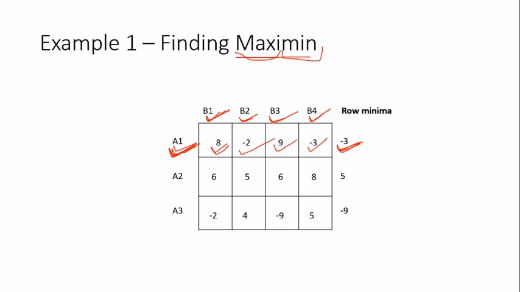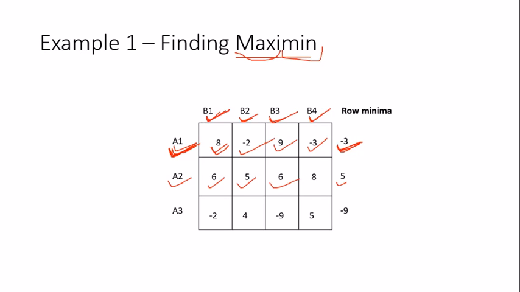So the first entry, -3, is the minimum of the first row. Similarly, think about the second strategy. Now A thinks that if I apply strategy A2, then depending upon what strategy is chosen by player B, B1, B2, B3 or B4, these are my respective payoffs.